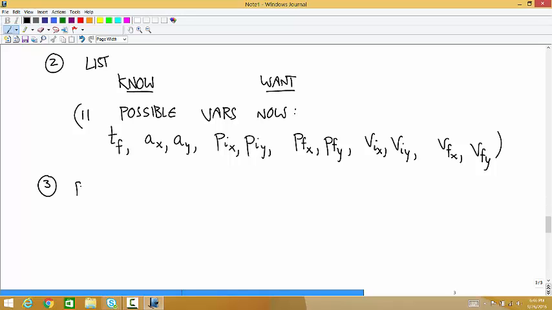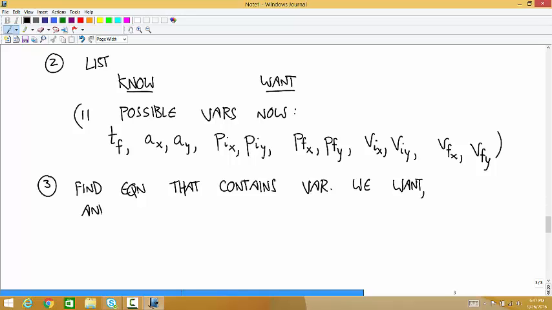We want to find an equation that contains the variable we want and has all other variables known.